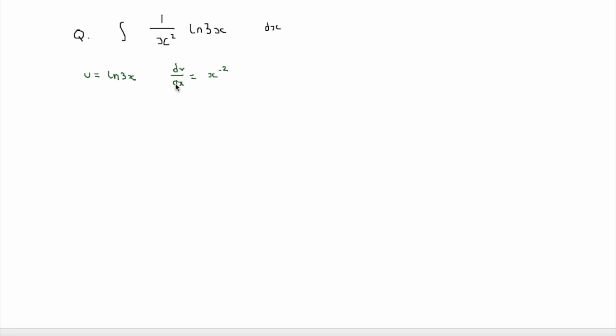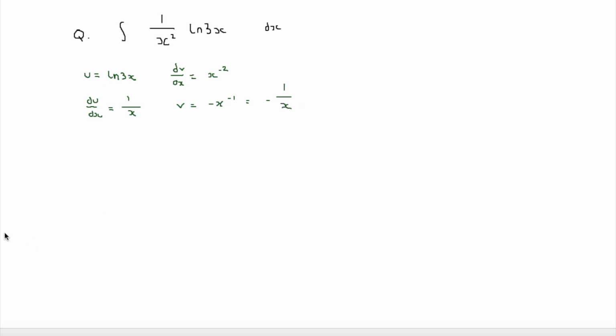So therefore du over dx is just going to be equal to 1 over x, and then v is going to be equal to minus x to the minus 1, which we can also write as minus 1 over x.